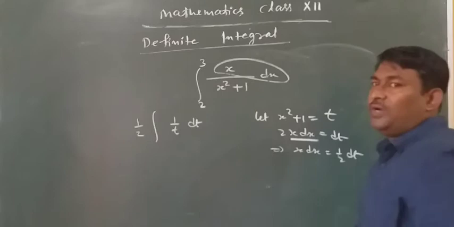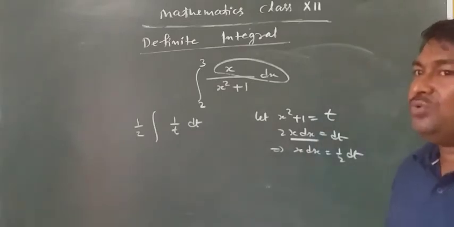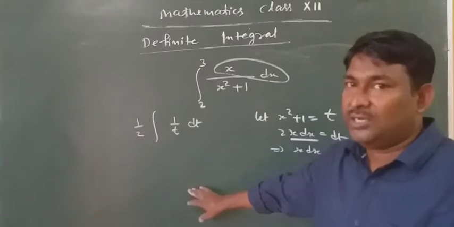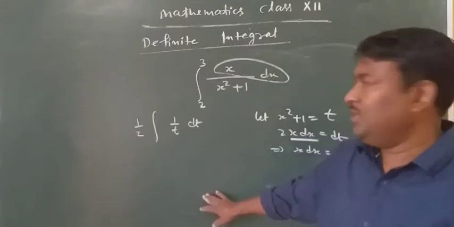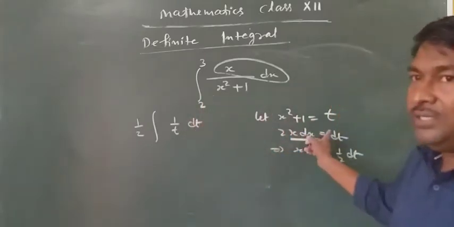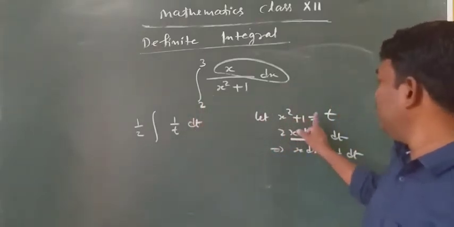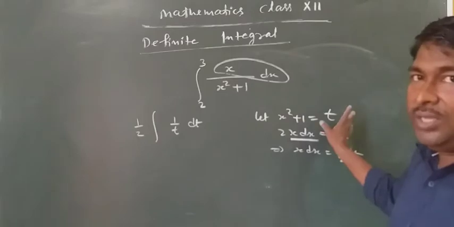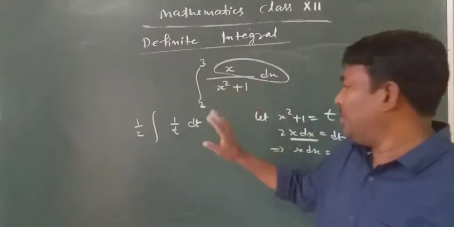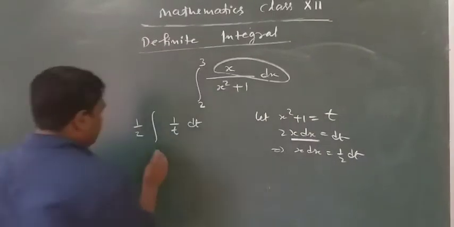So, unless and until you get the result in terms of x, don't write the limits. If you are solving this question by substituting t, then don't write these limits. Now solve as it is.